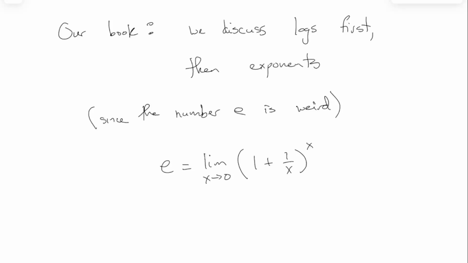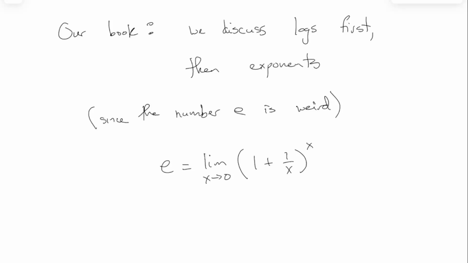If you show this to a high school calculus student and ask them to find the limit, they might try to just plug in 0 here. But then you have 1 over 0, which I don't really like, and you also have an exponent of 0, which I also don't really like. It's not clear what this limit is. It turns out that's what e is. E is this special limit over here.